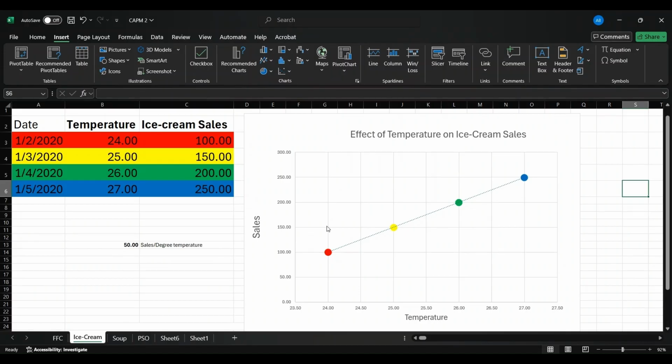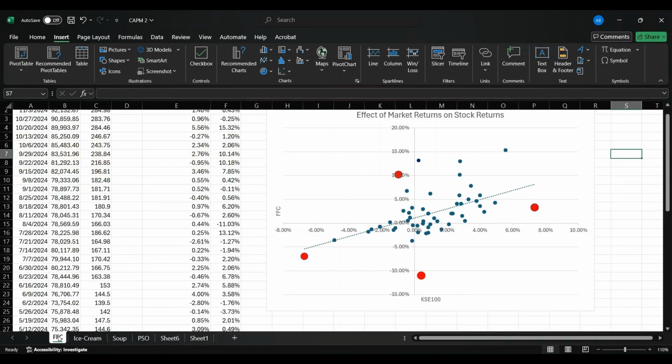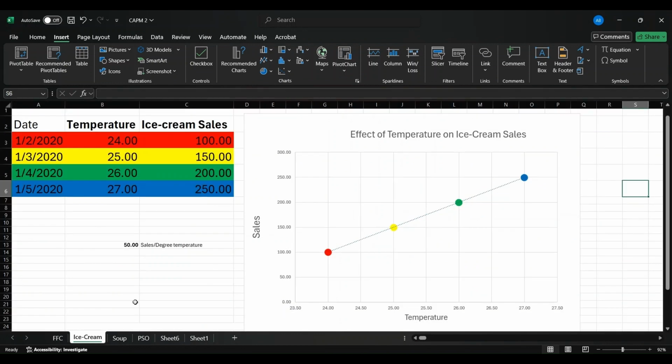We will see in a later example that this trend line can also be downward sloping when the trend is negative. One thing to note is that our points are laid out perfectly, so the trend line passes through each point in the dataset. When we move to our real life examples, we'll see that this is not always the case.